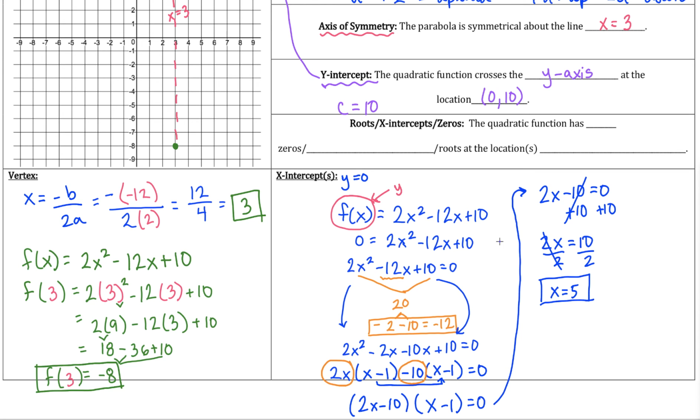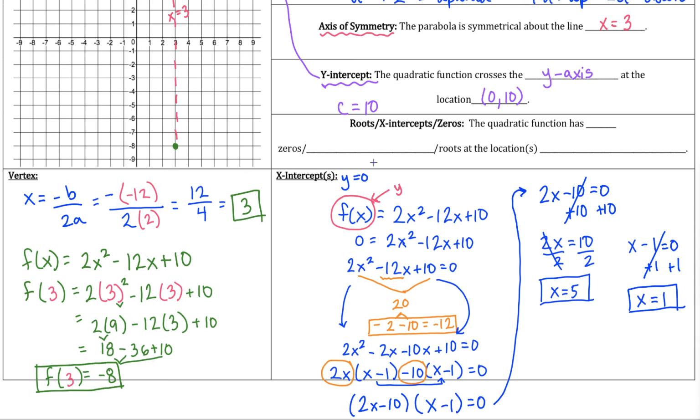Cool. And then I have this x minus 1. We can make that one 0 also. And we add 1, and we get x equals 1.